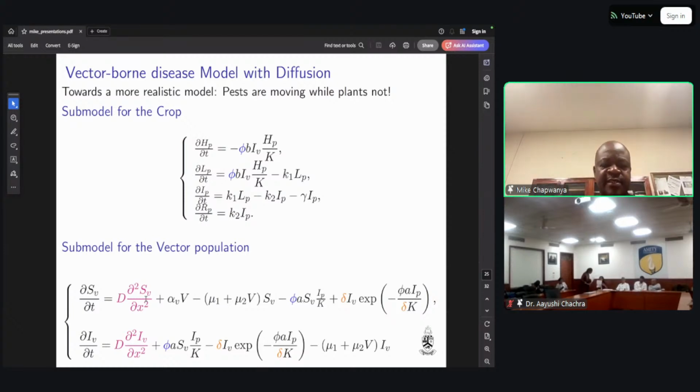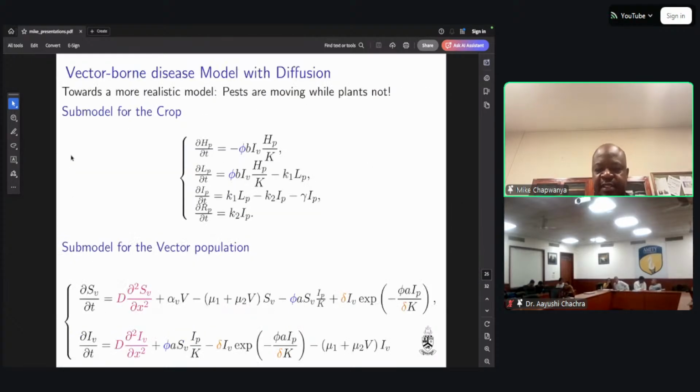So we're going to discuss this in one dimension, but of course, one can extend this to more than one dimension. That could also be an interesting picture to look at. Now, this model setup allows us to then calculate the spread of the disease. That's the interesting part of this model setup.